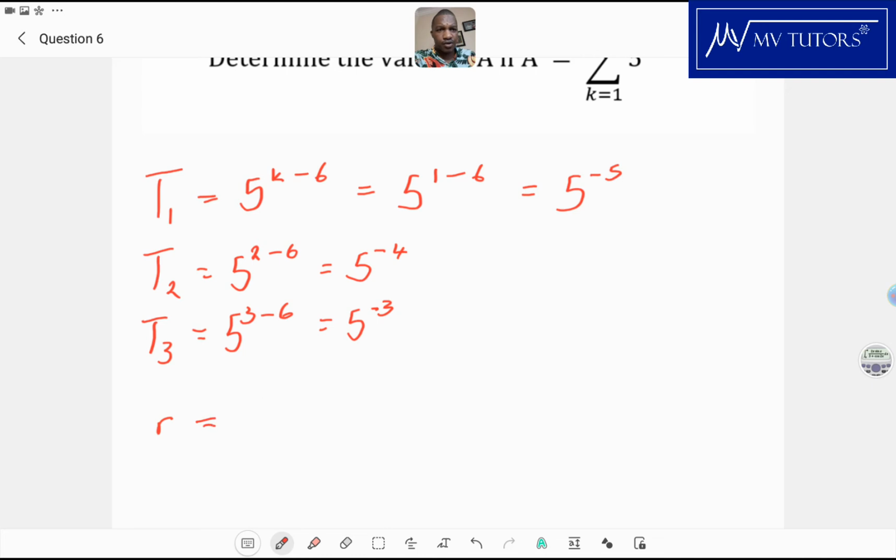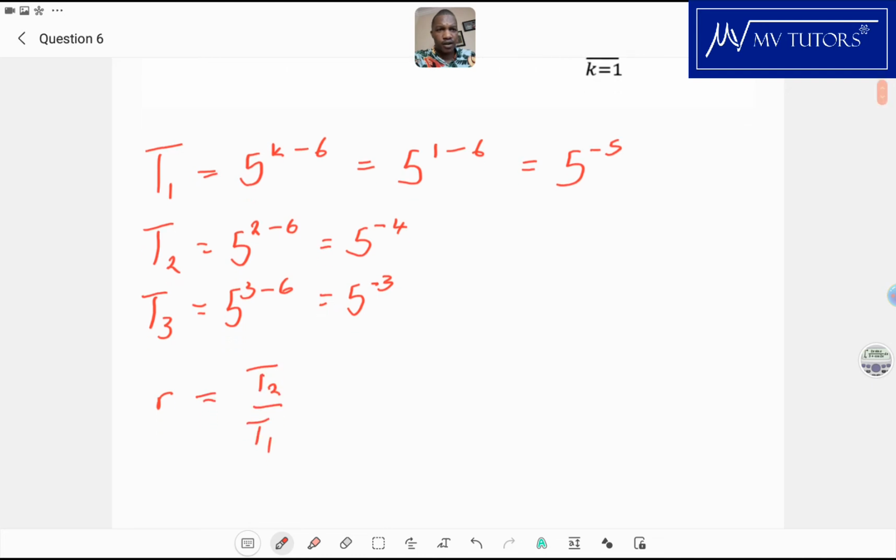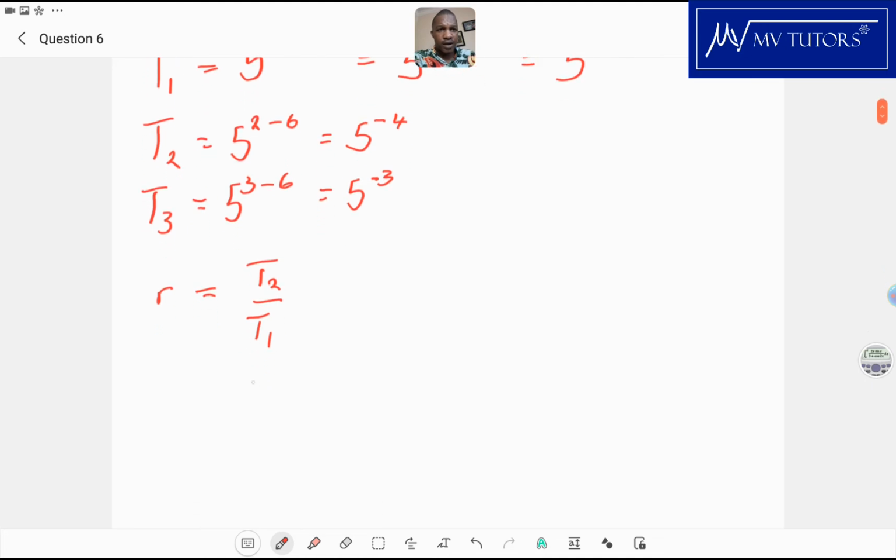The common ratio, remember, is given by term 2 divided by term 1, which is also given by term 3 divided by term 2, just for confirmation. Okay, so let's start. Term 2 is 5 to the power minus 4 divided by term 1 is 5 to the power minus 5 as solved.